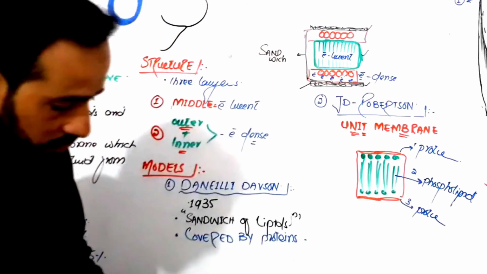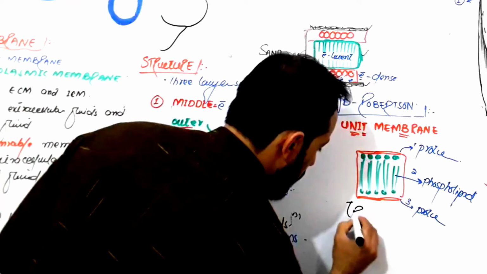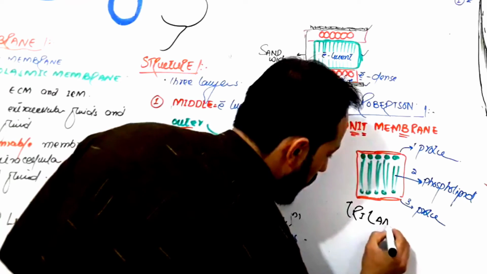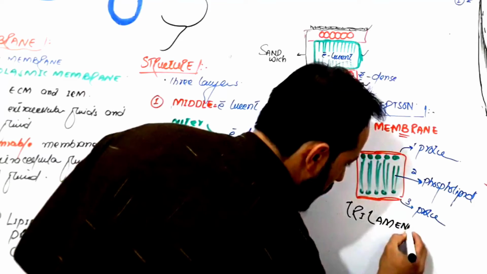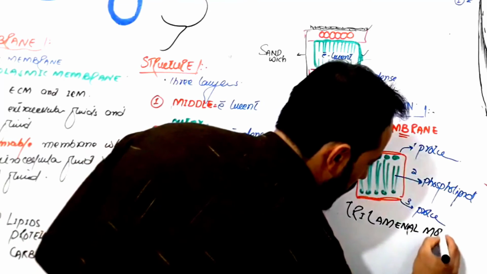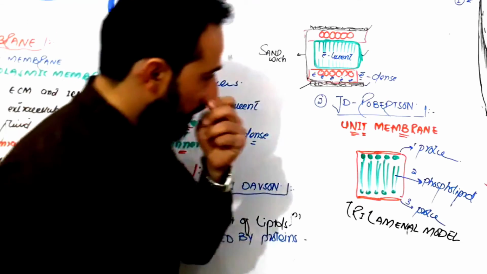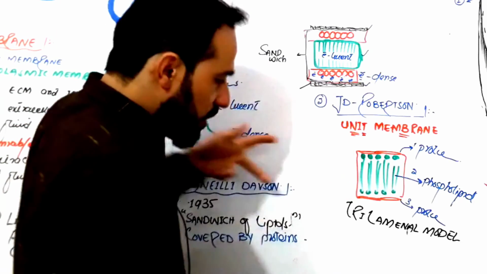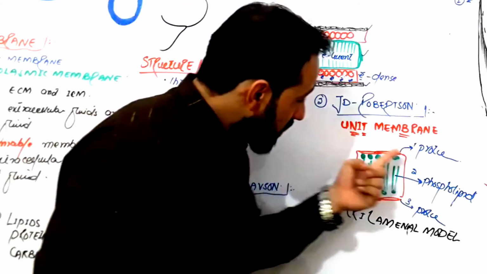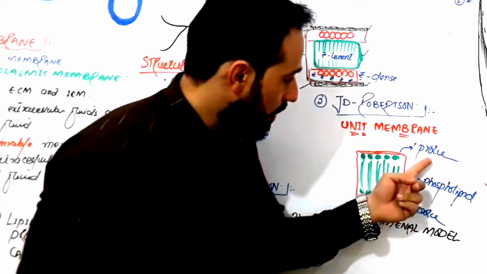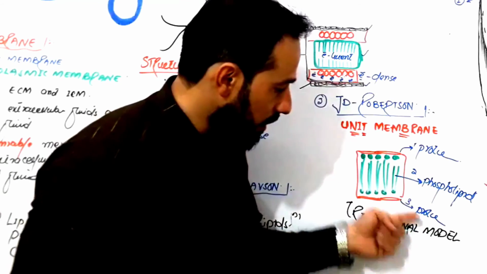That's why this model is also known as the trilaminar model. Once again I will repeat, he says that the cell membrane is a unit membrane, one membrane, but consisting of three layers: an outer protein layer, a middle phospholipid layer, and an inner protein layer.